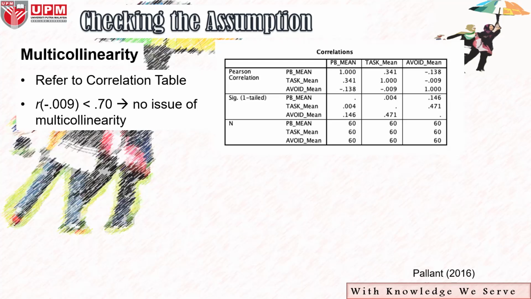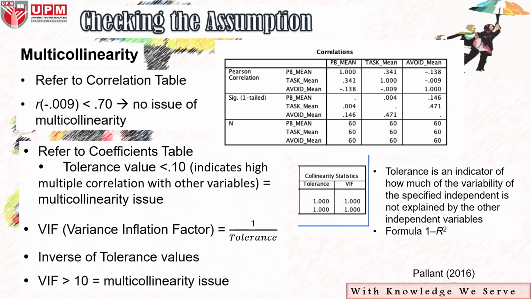So there is no issue. Then we refer to the collinearity statistics table to check our collinearity result: the tolerance and VIF, variance inflation factor. If the tolerance value is lesser than 0.1, it indicates high multiple correlation with other variables, which indicates a multi-collinearity issue.